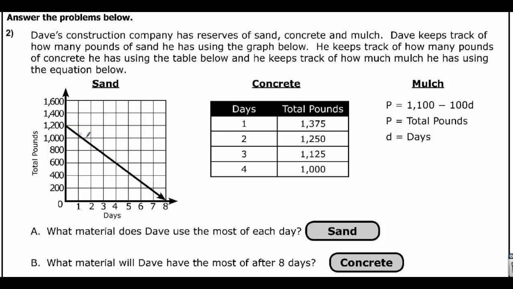Remember, since it's a straight line, we know that he's using the same amount. The daily amount doesn't change. The amount used in day 1 is the same as day 2, day 3, day 4. So the change is the change in y, 0 to 1200, over the change in x, 0 to 8.